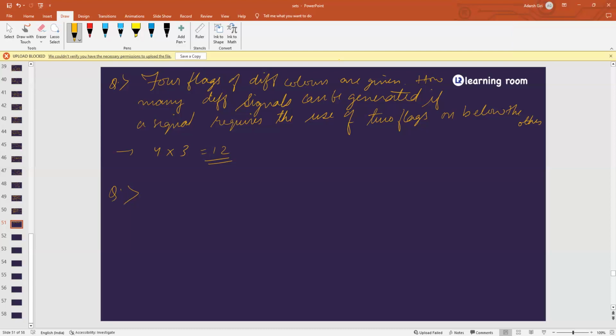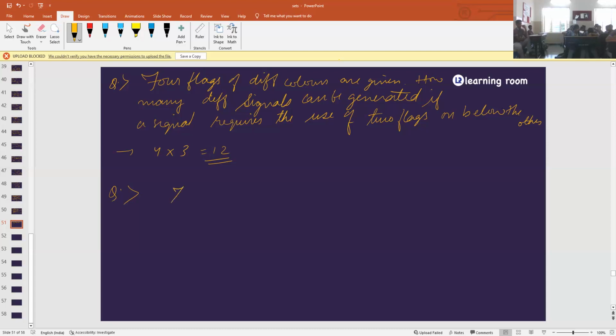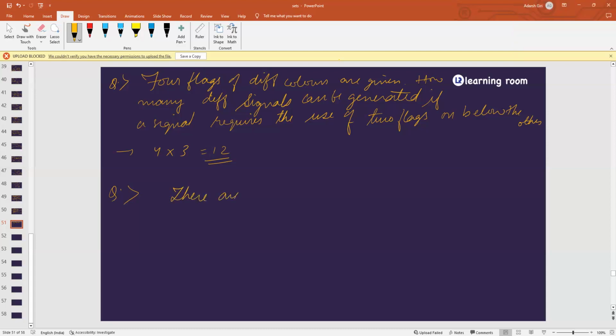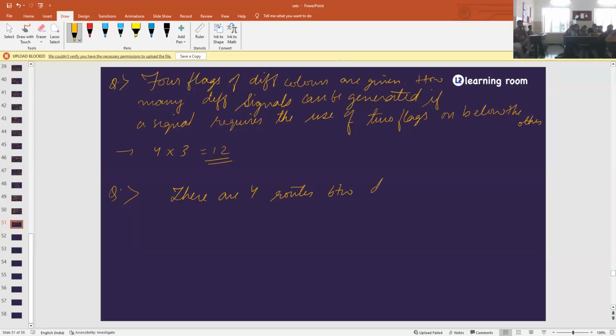Good question for you. There are 4 routes between Delhi and Patna.